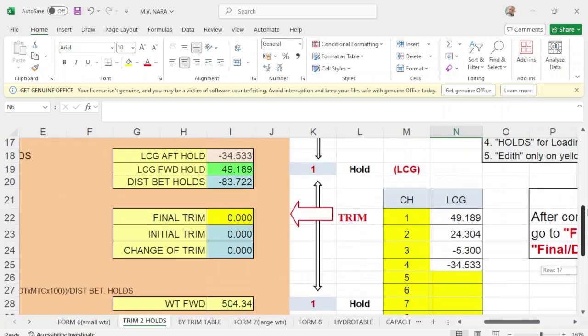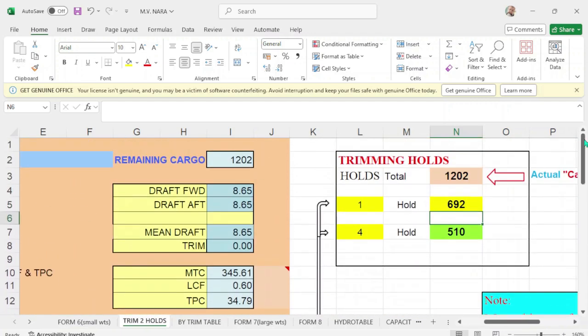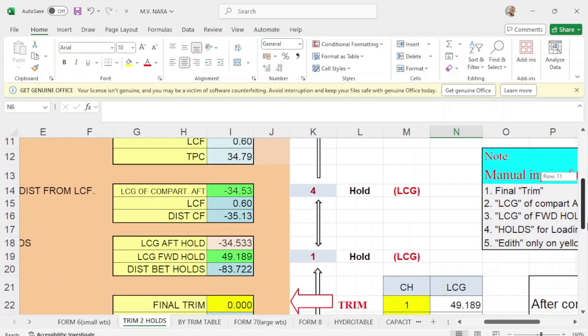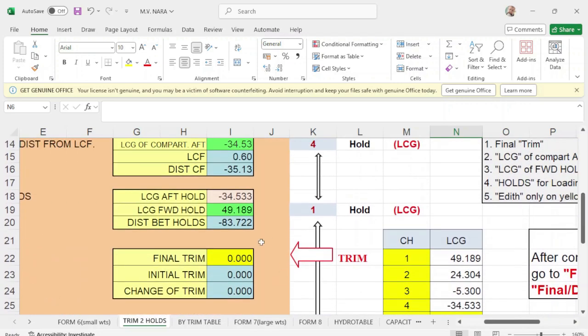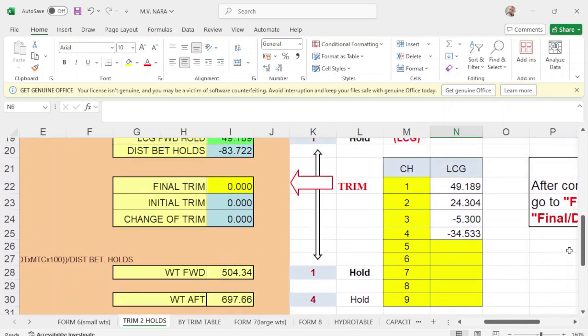Take note of the remaining cargo to load is 1202. You get here 1202, and your trimming holds are 1 and 4. For example, you have no trim, 0, and your cargo in hold number 1 will be recommended to load 504.